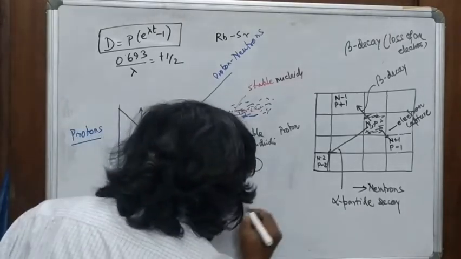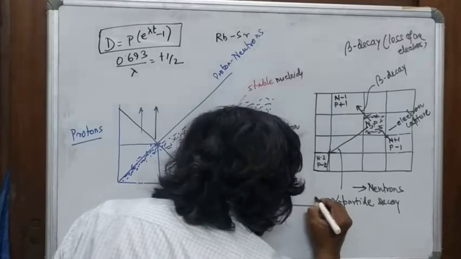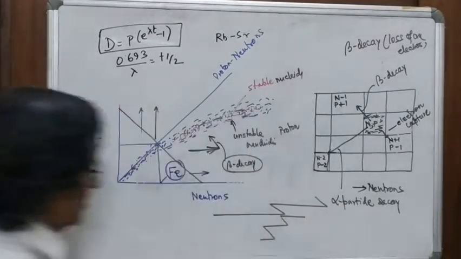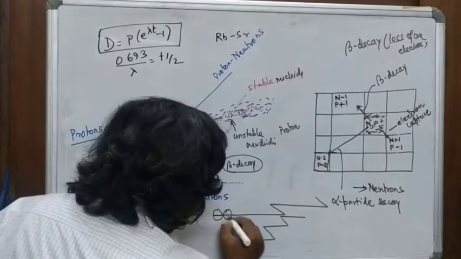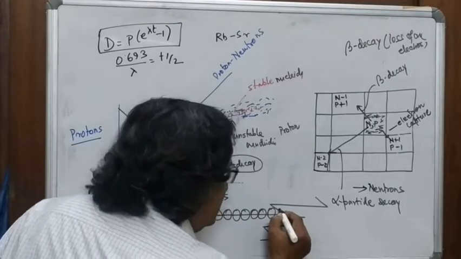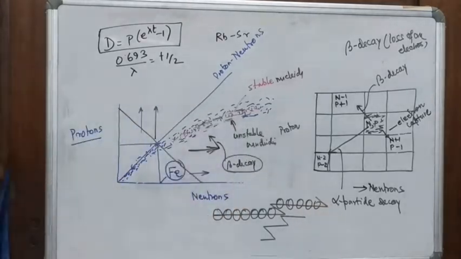So the graphs look like this, or like that. What is the difference? Here, a lot of neutrons are attached, but there is one beta decay, and then a lot of neutrons are captured.